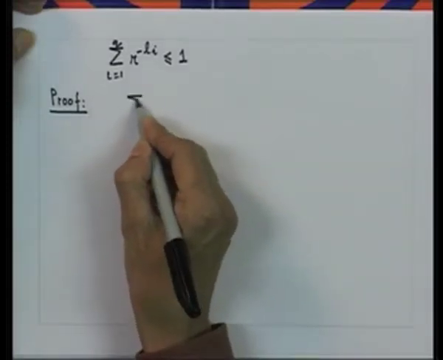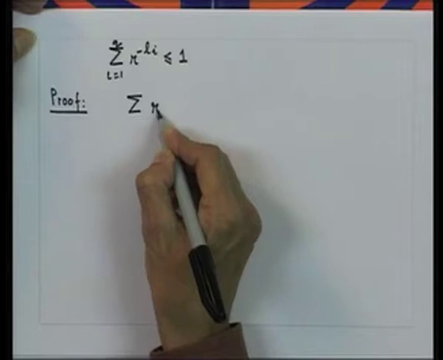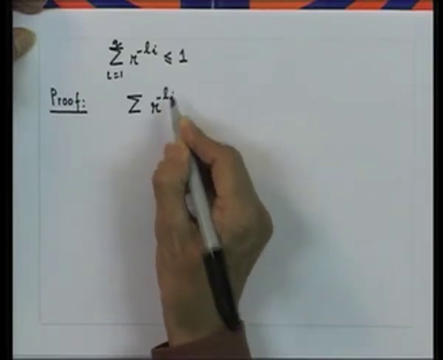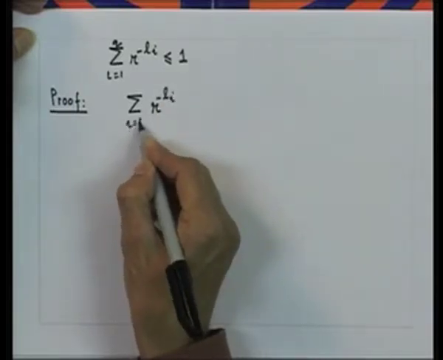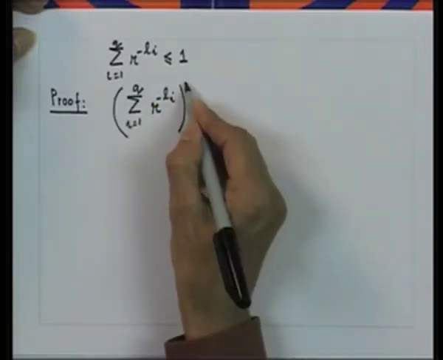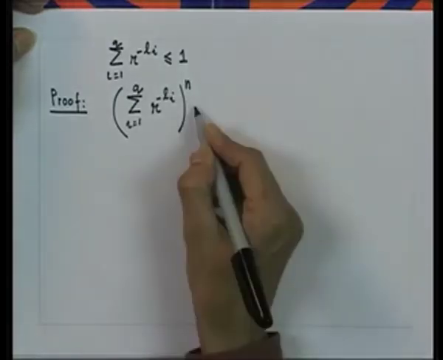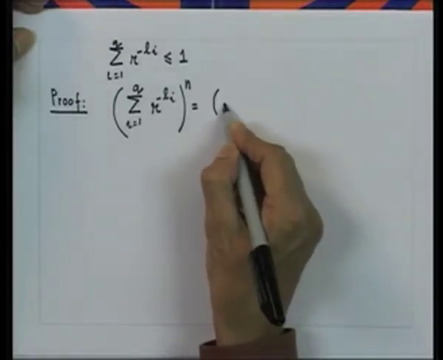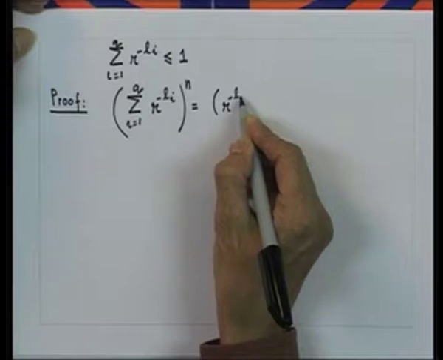Let me consider a quantity raised to n. Now, this is equivalent to writing r to the power minus li1 minus li2 and so on.